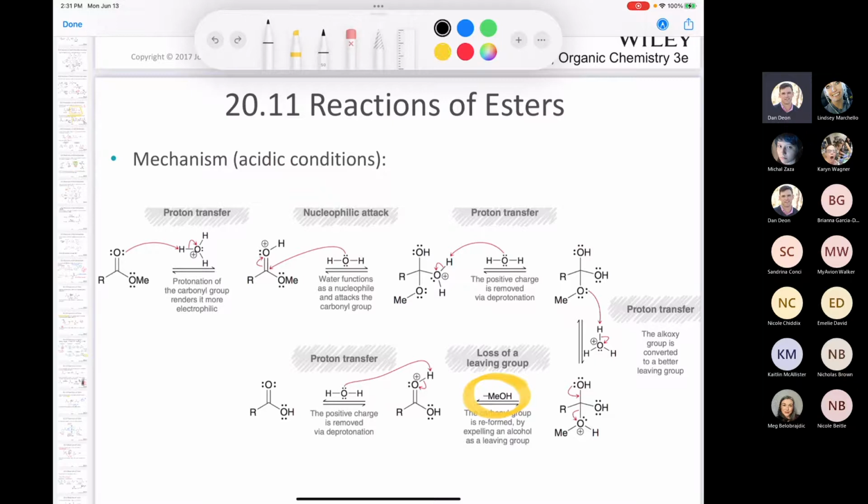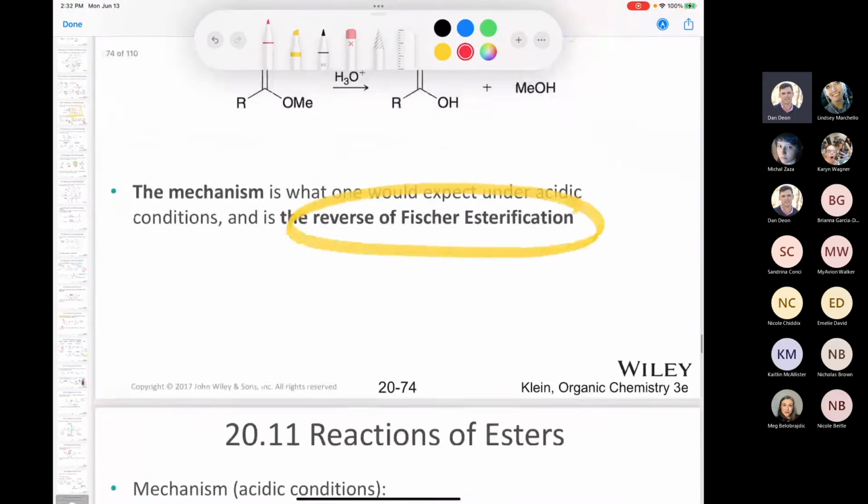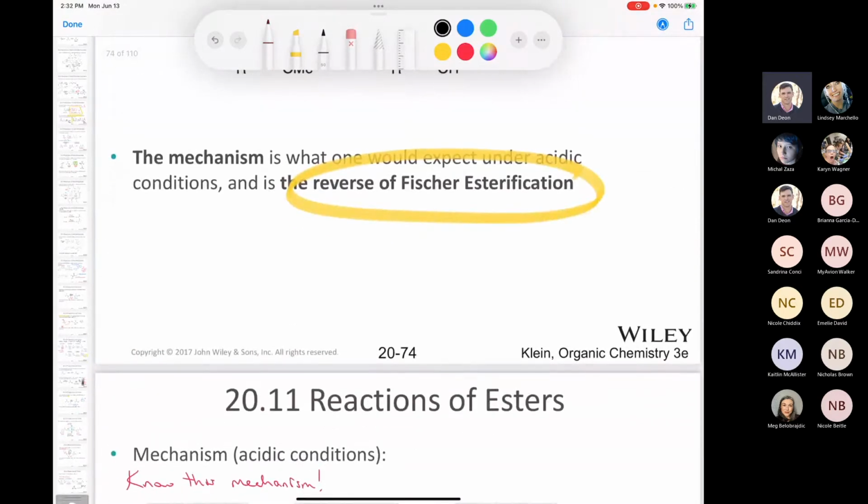So let's write on here: know this mechanism. The mechanism of ester hydrolysis in acid. So to recap, I don't really have a lot of space here, I'll just write it here.